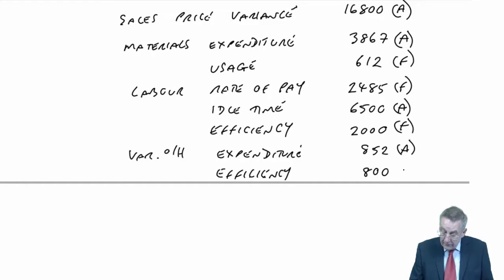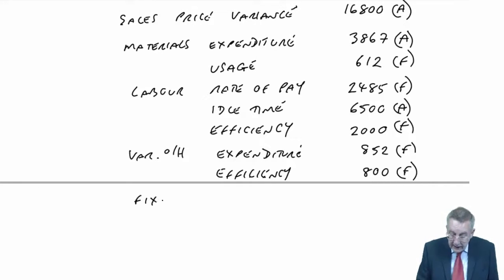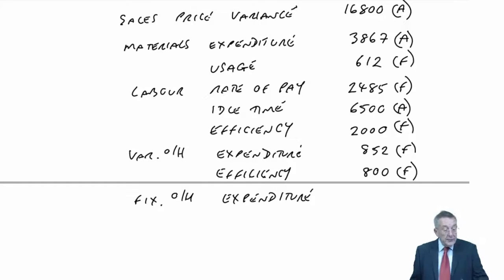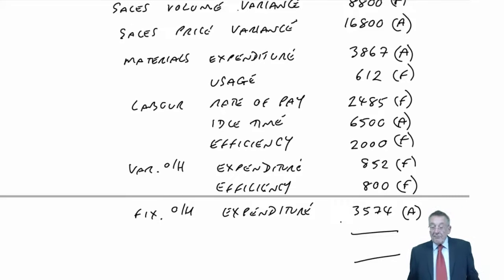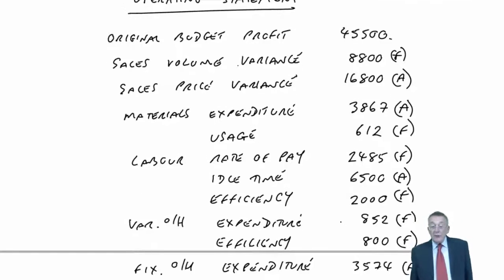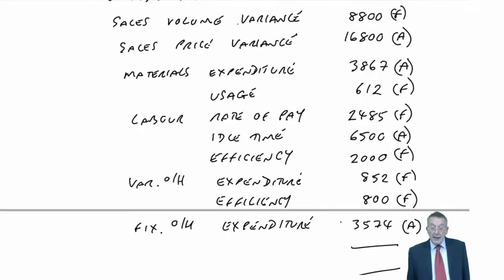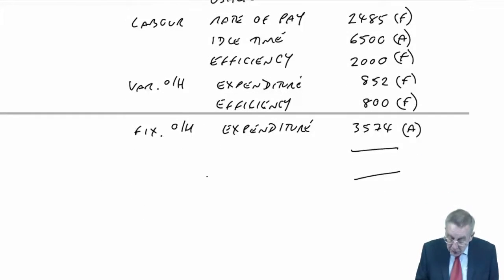Expenditure was favourable, sorry, and efficiency was favourable. And finally, we had the fixed overheads expenditure variance. An easy one, remember, just the difference between the two. So it was 3,574 adverse. And the net of all of those, add the favourable, subtract the adverse, should give us our actual profit.